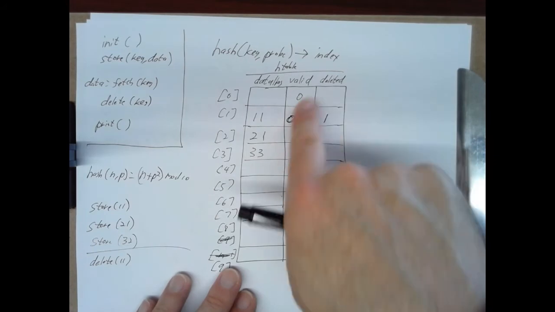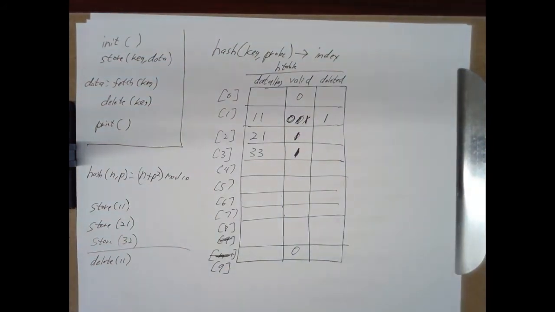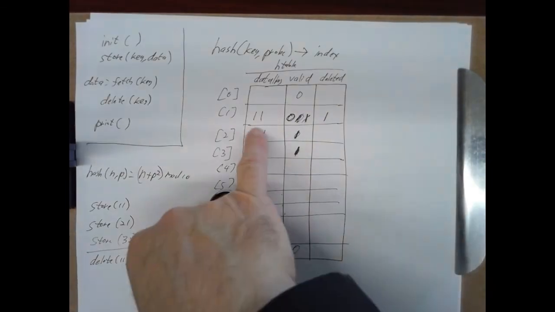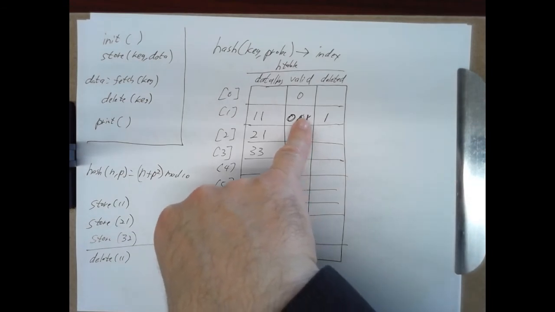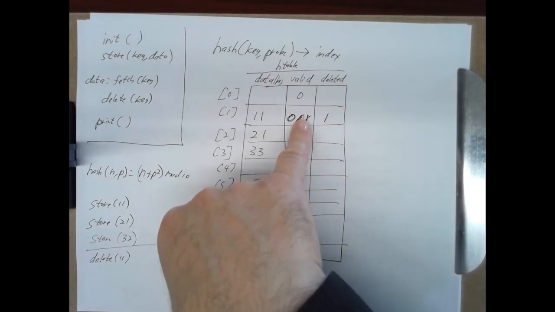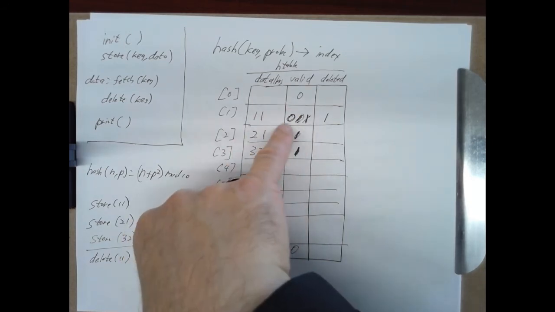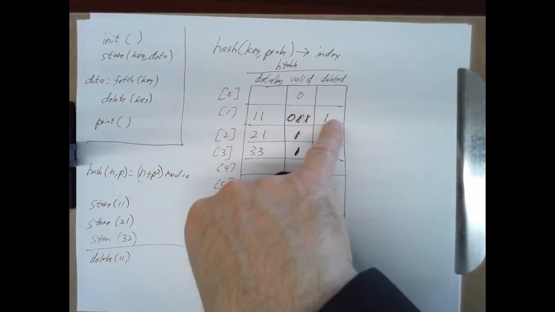So this complicates the algorithms a little bit, but they're not that complex. It's just details, right? So when you go to store something, same deal. Hash to a location, see if it's in use. If it's not, you can go ahead and store it right away. It doesn't matter if it was deleted or not. Go ahead and store it, mark the valid flag, get rid of the deleted flag.